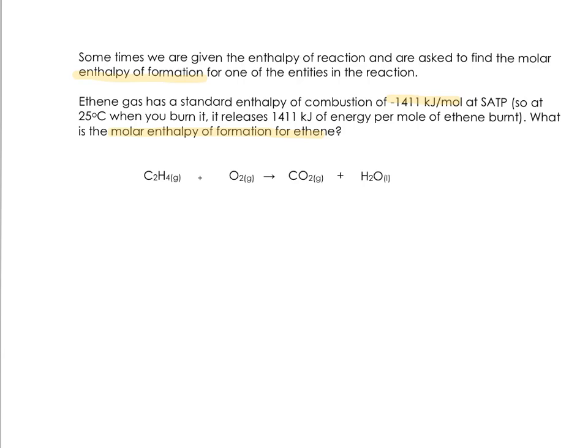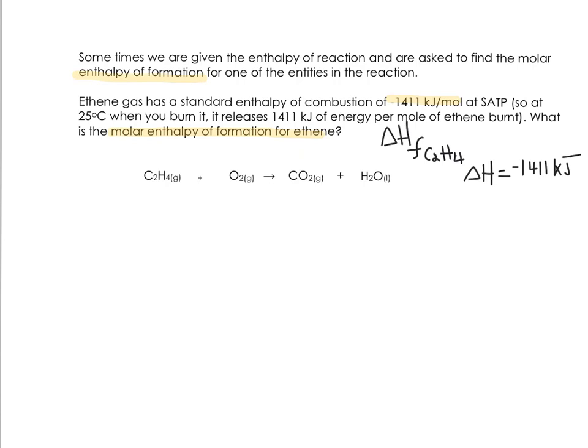So we're looking for delta HF of C2H4. Not what we were just doing, finding the enthalpy change using the molar enthalpies of formation. So we need to solve for that. Our delta H for this reaction is 1,411 kilojoules per mole released.